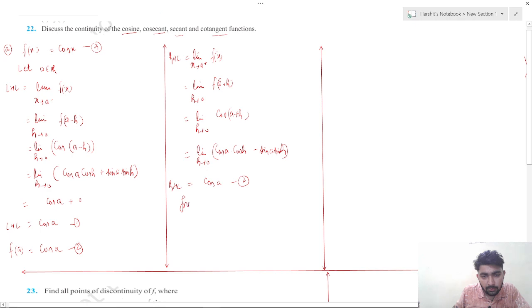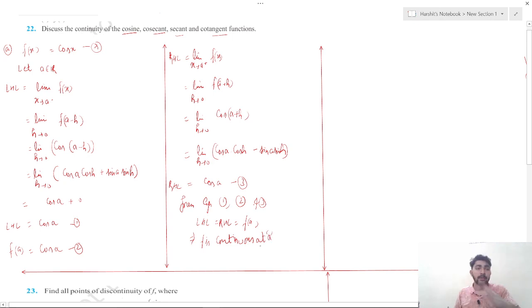So we can conclude that from equation first, second and third we have LHL equal to RHL equal to f of a, which implies that f is continuous at a. Here you can see that this function is continuous at a, and a is an arbitrary real number.